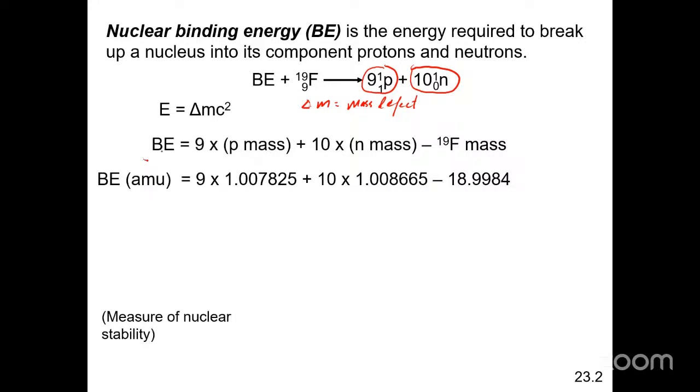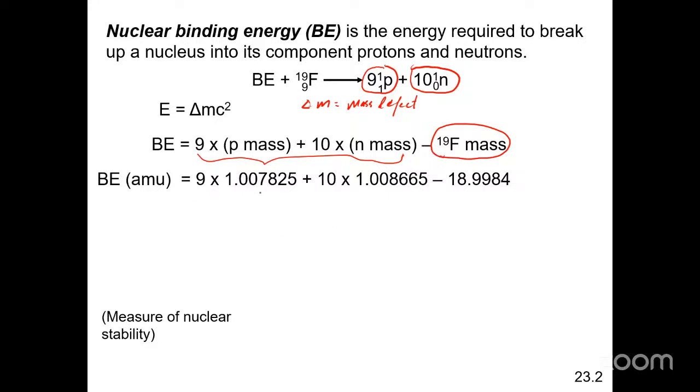And unfortunately, that's not shown here. That would be equal to, in this case, 9 times the mass of the protons plus 10 times the mass of the neutrons. And these numbers would have to be given to you in order for you to calculate the delta M. Another thing that you need to do is add those numbers up, right? And you subtract from that the total mass of the nucleus, which is broken up to form those particles, right?